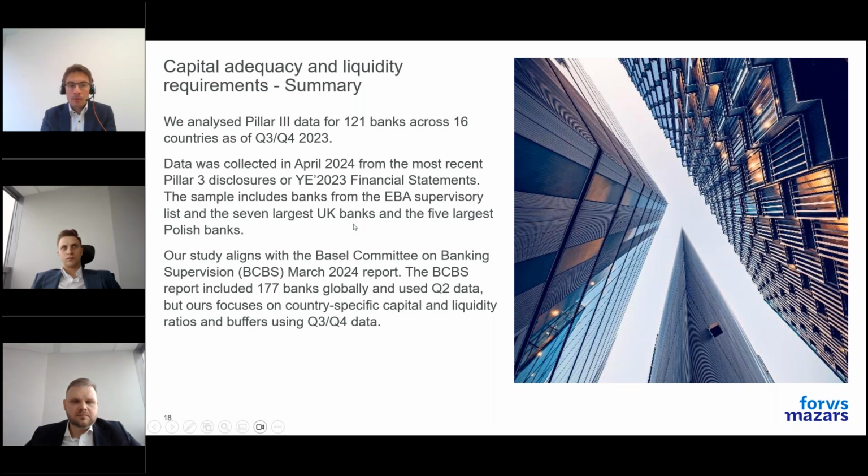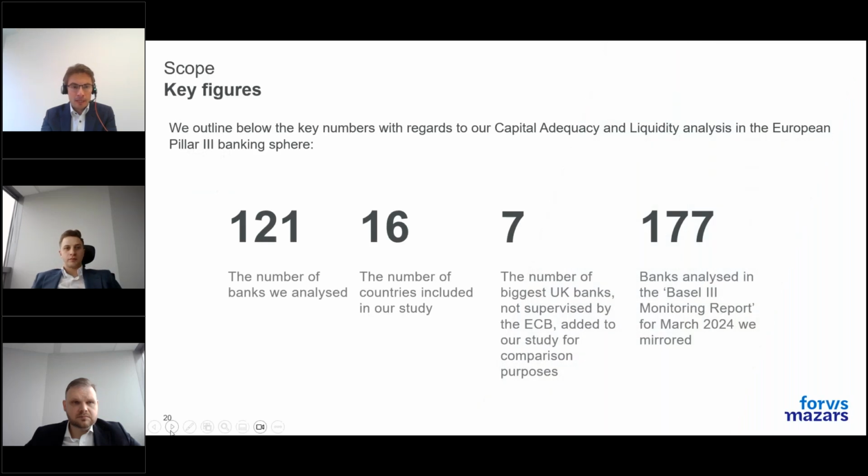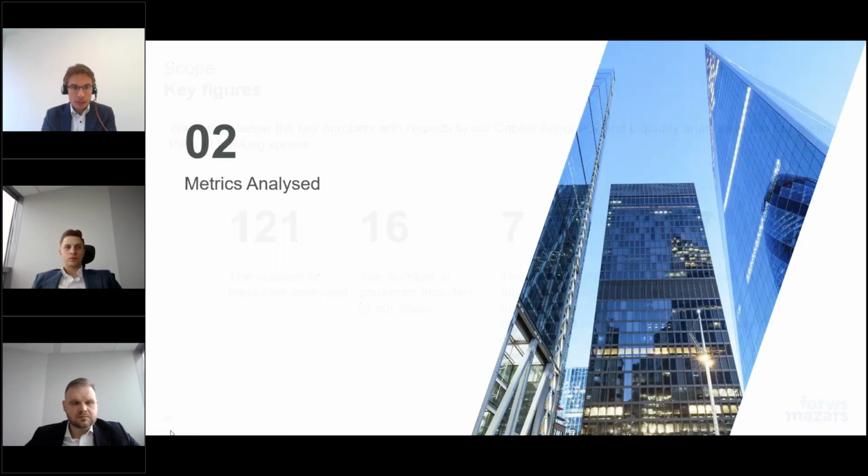And this study was aligned with the BCBS March 2024 report, which covered 177 banks globally and used Q2 data. So our report had more recent data, and as I said before, it was performed on a country specific level to show differences between countries. What was the scope of our analysis? So we discussed those metrics or key figures.